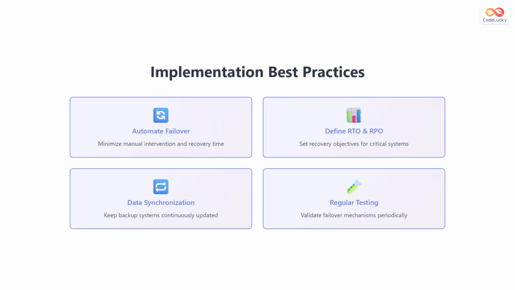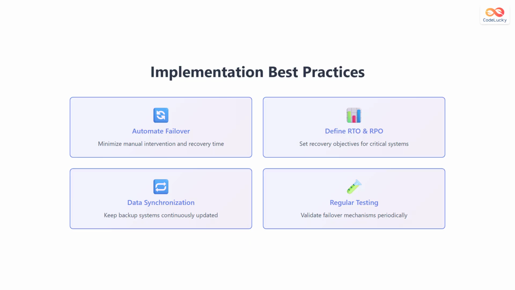To implement failover systems effectively, follow four best practices. First, automate the failover process to minimize manual intervention and reduce recovery time. Second, define your recovery objectives by establishing recovery time objective and recovery point objective targets for critical systems. This determines how quickly you need to recover and how much data loss is acceptable.